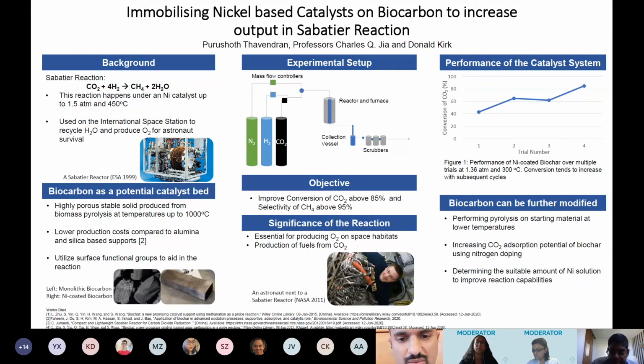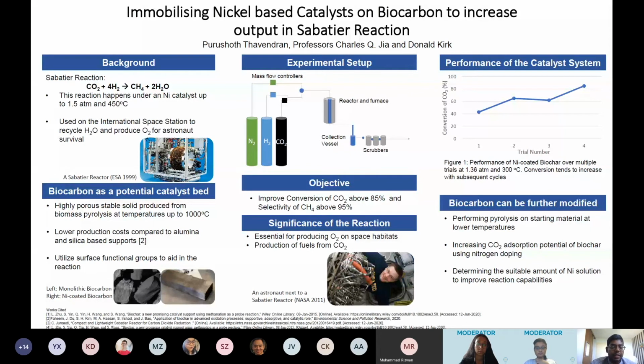I was just wondering, can you explain a bit more how this catalyst bed is able to interact with the catalyst, or what kind of functional groups are there that interact with the nickel? So biocarbon can help facilitate CO2 absorption inside its pores.